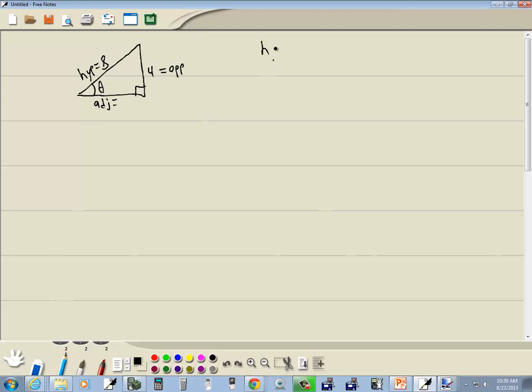The Pythagorean theorem says that hypotenuse squared is equal to opposite squared plus adjacent squared. Hypotenuse we said was 8, so we've got 8 squared is equal to opposite squared, so 4 squared, plus adjacent squared. 8 squared is 64, 4 squared is 16, plus adjacent squared.